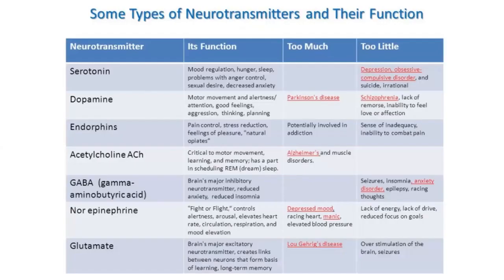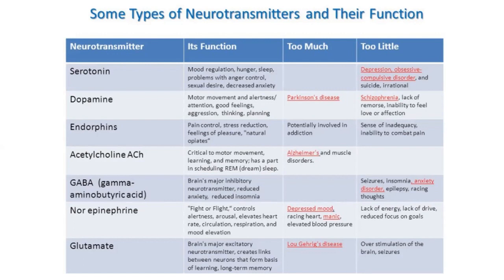Then again, there are functions and what will happen if the neurotransmitter is too much or too little. I think I have already covered all these things, but let's revise again so that you can remember some of these. Serotonin is for mood regulation, hunger, sleep, anger control, all these things.